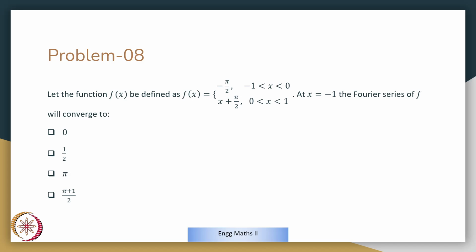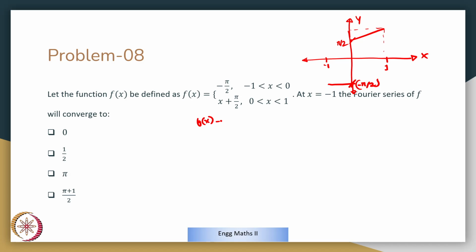We first note that the function f of x, I'll just first plot f of x, I think that's easier. So we have minus 1 to 1, this is my x axis, this is my y axis, and x is between minus 1 to 0, this is minus pi by 2, and when x is between 0 and 1, this is pi by 2 and pi by 2 plus 1.